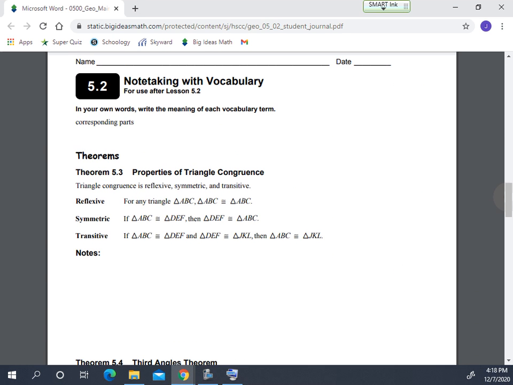Corresponding parts is probably the biggest definition in 5.2. I'll just draw it. I find images easier. Okay, so if we have 2 triangles, we'll call it A, we'll call it B, we'll say C. And then we have another triangle here.